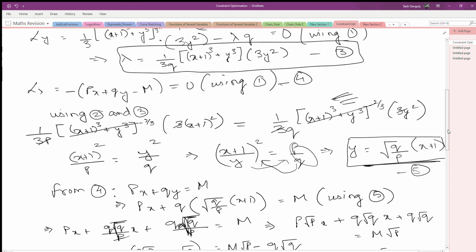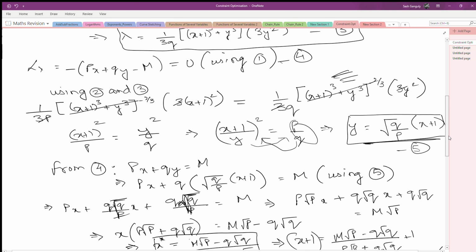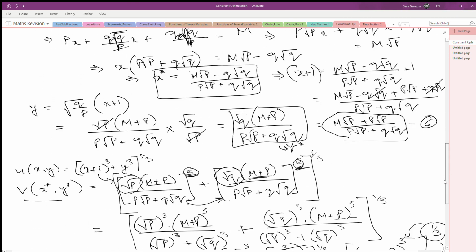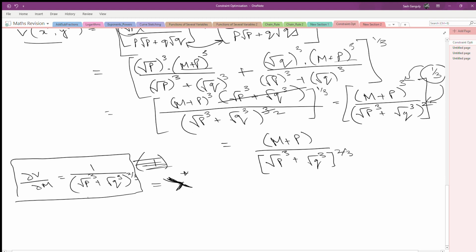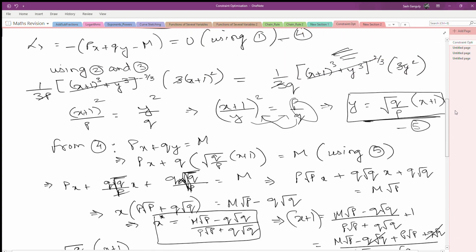So I have 1 by 3q. Let's see how my memory is. So 1 by 3q times x plus 1 whole cube plus y cube. And the entire thing will have 3y square, and that will be lambda, right? So just verify if my memory is okay or not.